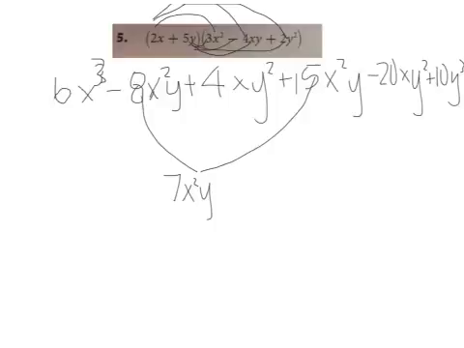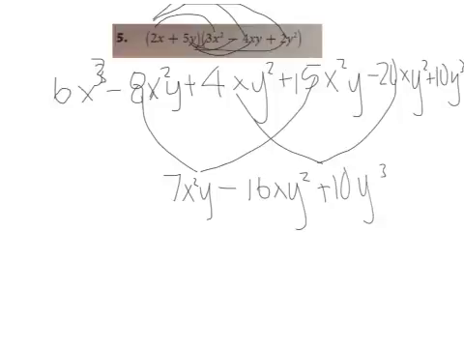And then for my xy squareds, I've got this 4 and this 20, so minus 16xy squared. And then I've just got my 10y cubed and my 6x cubed.